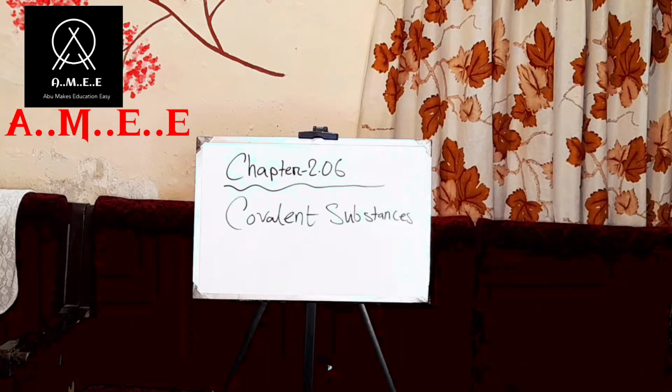Molecular solids have low melting and boiling point because the forces between the molecules are weak, for which a low amount of energy is needed to overcome the forces between the molecules. It's not any kind of bond, it's a force.